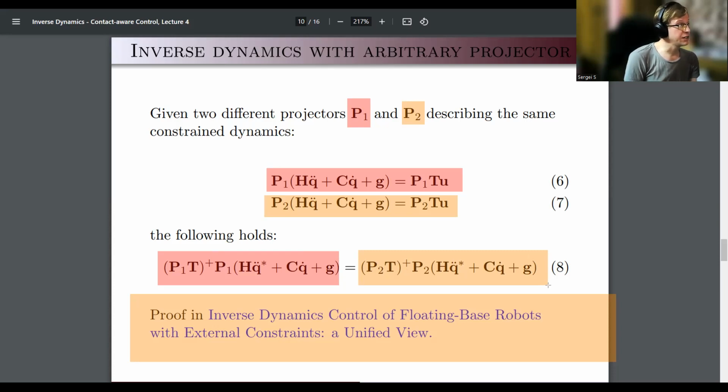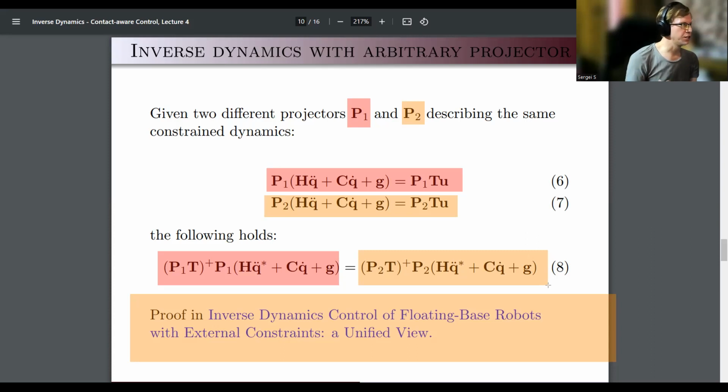If they indeed describe the same dynamical system, you could use this fact to apply them interchangeably in your inverse dynamics problems. So you don't have to worry which one produces more advantageous inverse dynamics, Schur or QR. It doesn't matter, they're actually exactly the same. That is quite interesting.